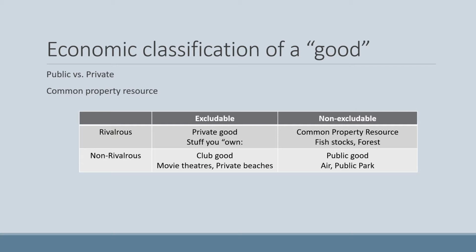We also have something called a common property resource, like the fish stocks and the forest, which is typically owned and managed collectively by a community rather than individuals. And then a common pool resource is when we have problems of congestion, overuse, and destruction.